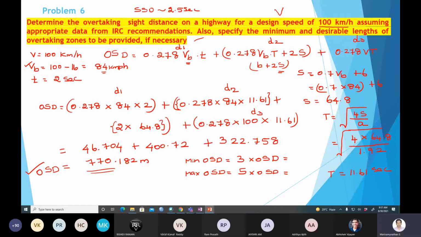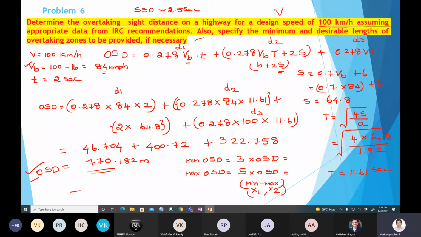So this is a buffer zone from minimum to maximum, given as x1 to x2. This is a design criterion to implement overtaking sight distance where we have not provided OST throughout the stretch. The overtaking zone is defined for this kind of situation.